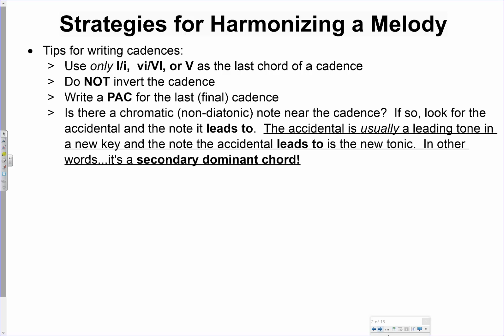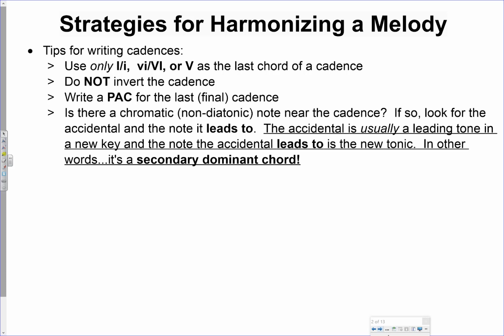Next, write a perfect authentic cadence for the last cadence, that is the final fermata. Also, for cadences, look at the fermatas and see if there's a chromatic note. In other words, a note that's not diatonic near the cadence. If there is, look for the accidental and the note it leads to.